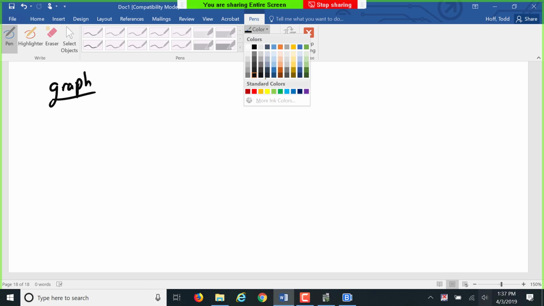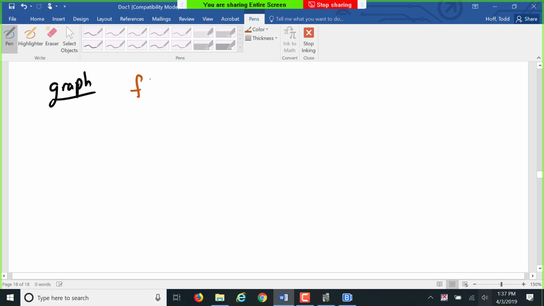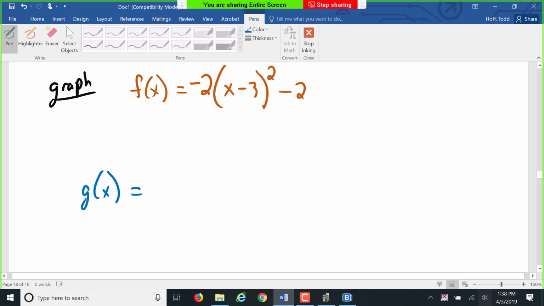So I want you to graph for me f of x equals negative 2 times (x minus 3) squared minus 2, and g of x equals 3/2 times the absolute value of x plus 2 minus 4.